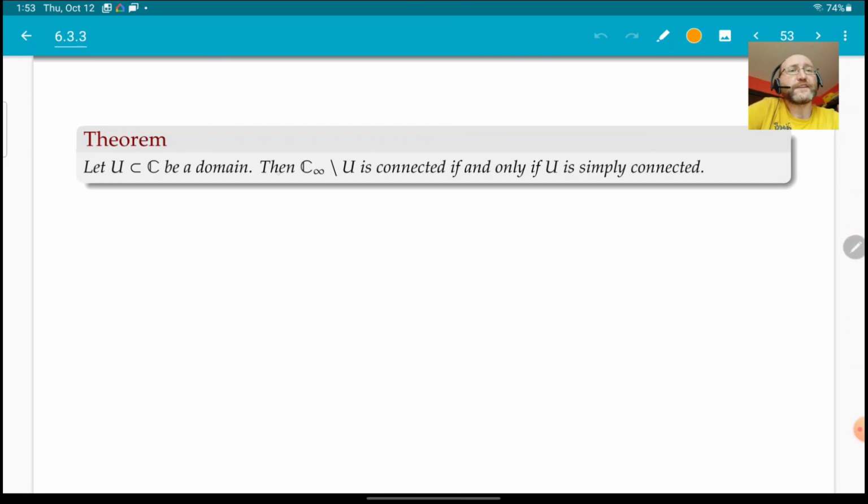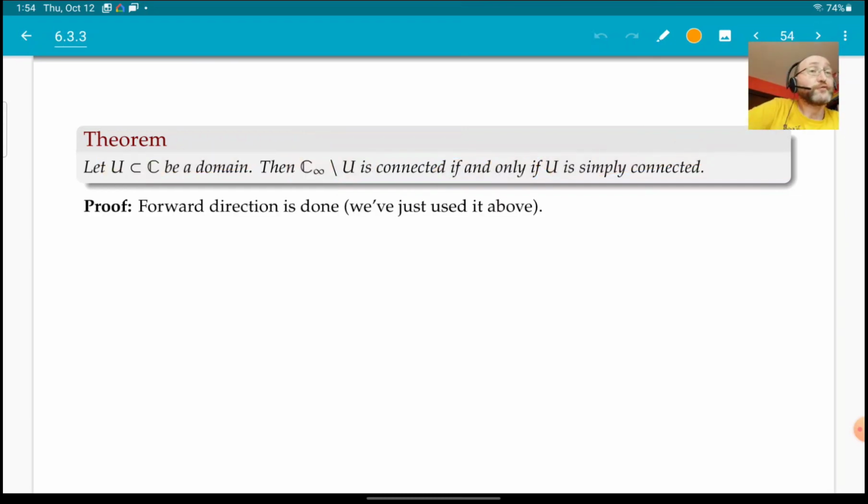But we want to prove that the complement of a domain in C infinity is connected if and only if U is simply connected, right? So you have a domain, a connected open set, and it's simply connected if and only if its complement in the Riemann sphere is connected. And the forward direction is done. We've proved that, it was much easier: if the complement is connected, then U is simply connected. So we have that.